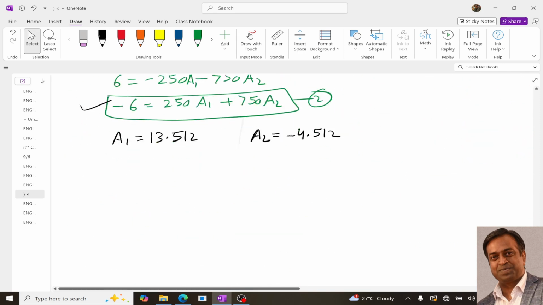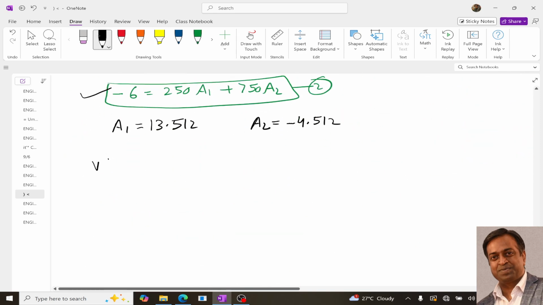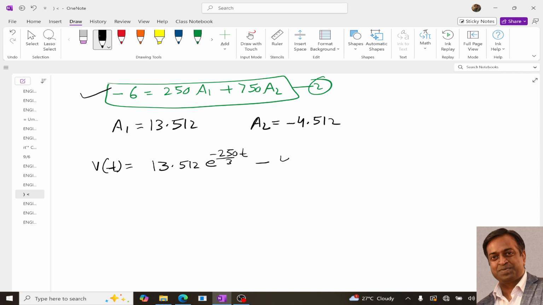So our Vt is equal to A1, so it is 13.512 e power minus 250 t by 3, then minus 4.512 e power minus 250 t.